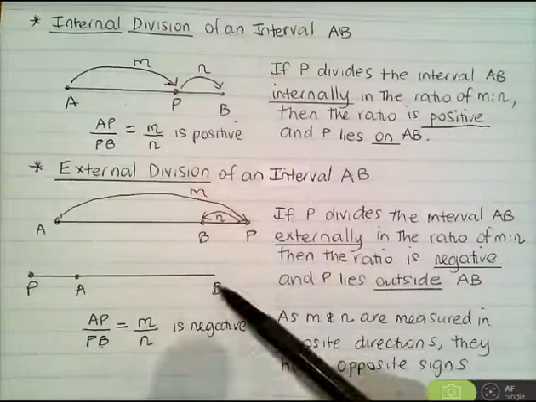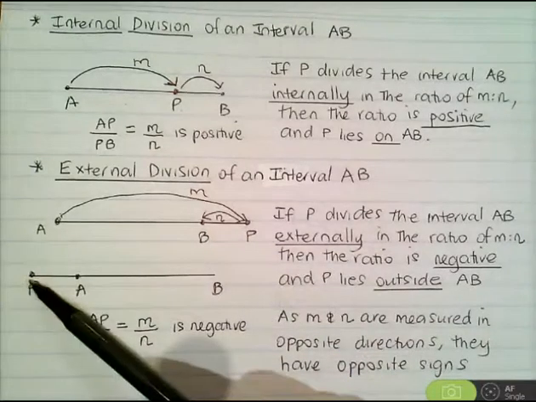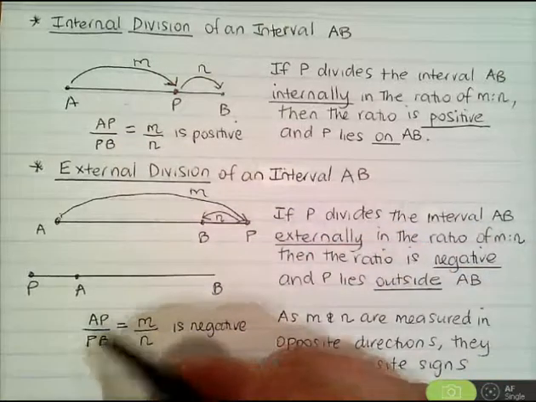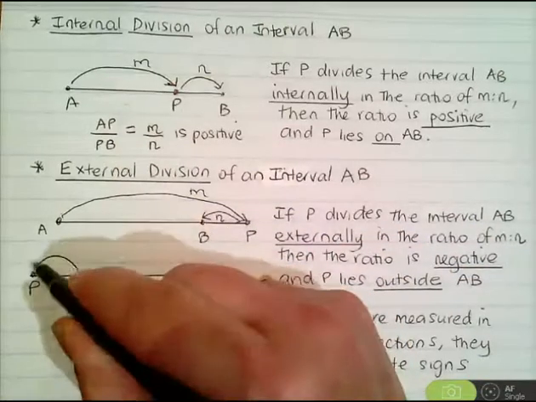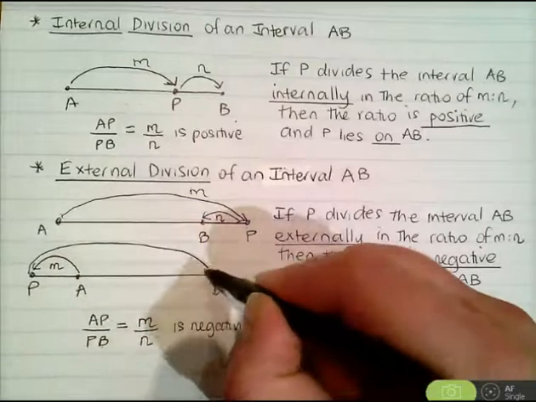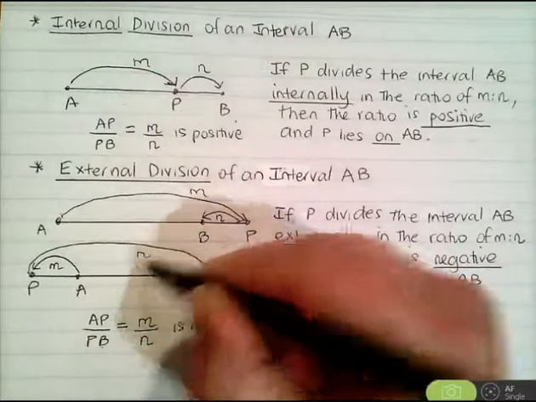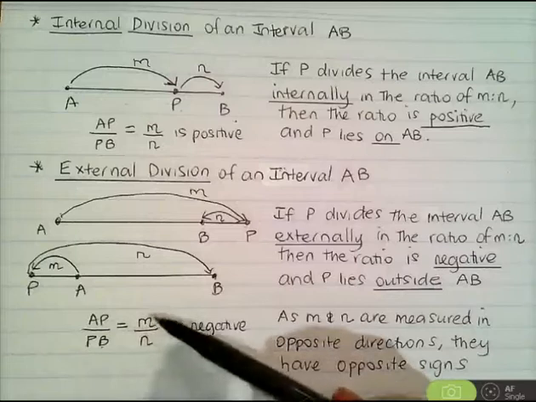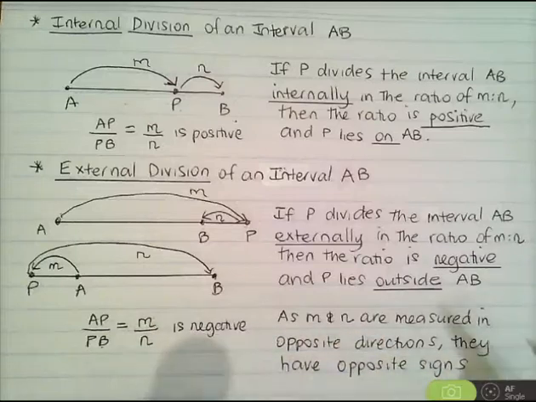I've got interval AB here. If P is on the left-hand side of A, then the ratio of AP to PB, I go from A to P, and that's m, and then I go from P to B, that's n. Now again, we're going in opposite directions, so the ratio of m to n here will also be negative. And this is because m and n are measured in opposite directions, so they'll have opposite signs.